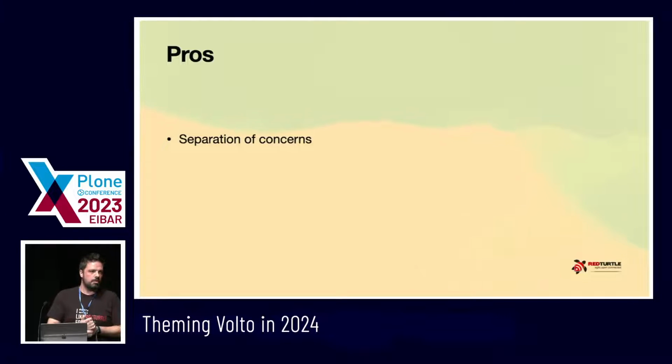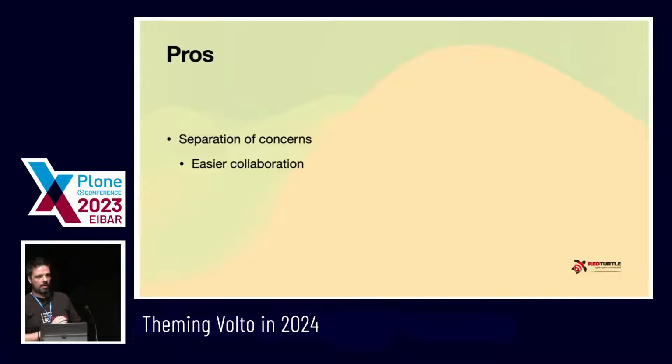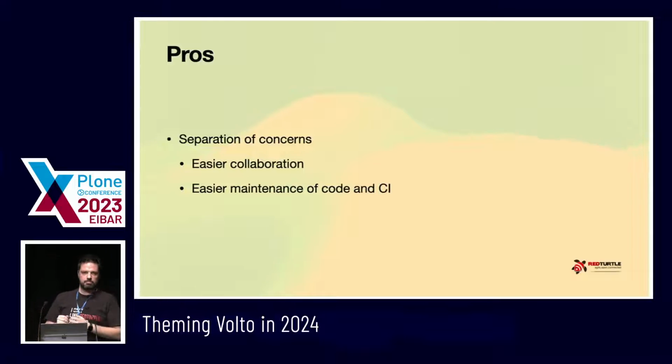Separation of concerns is, like you know from everything we do with our development work, a big thing for several things. But my favorites are, it's easier to collaborate with your team, with other people. Easier code reviews, easier pull requests, easier, I don't know, maintenance of CI testing and stuff.